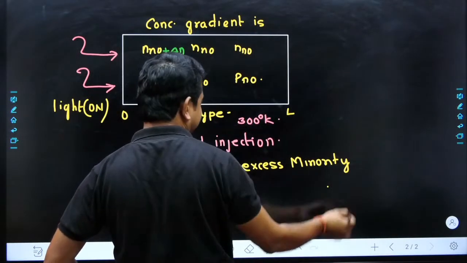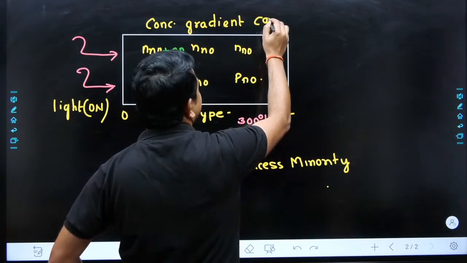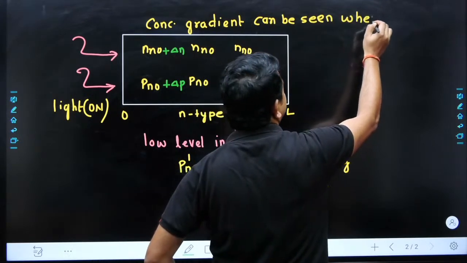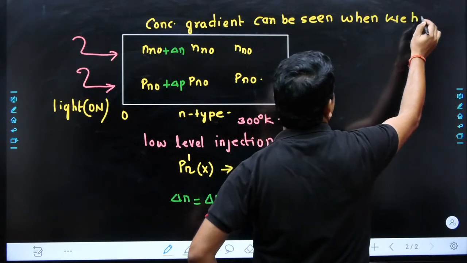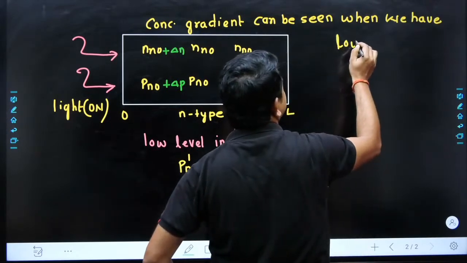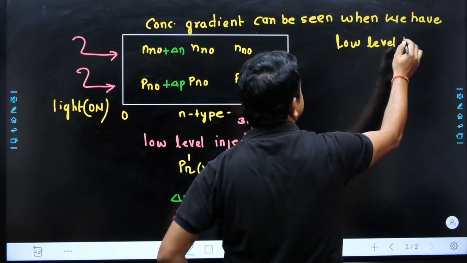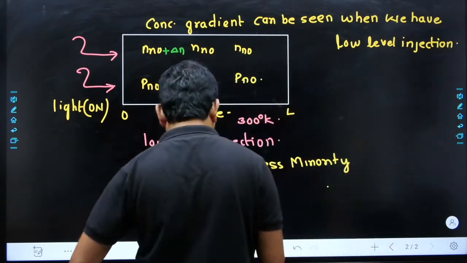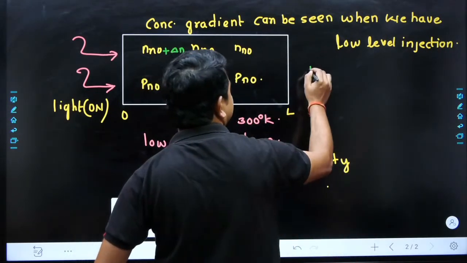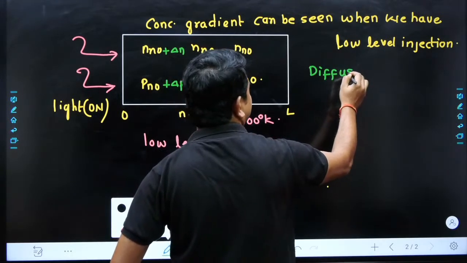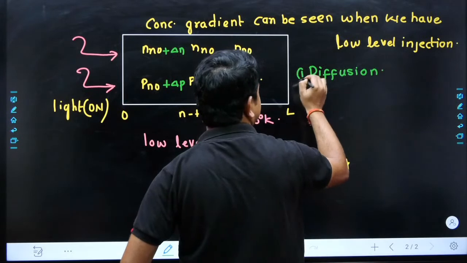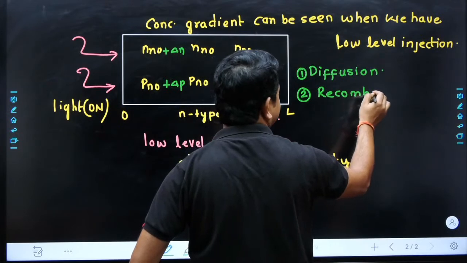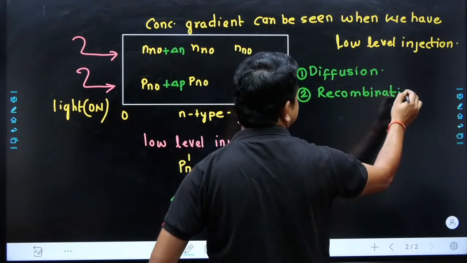The concentration gradient can be seen when we have low level injection. And if there is a concentration gradient, definitely diffusion of charge carriers takes place, and simultaneously recombination of charge carriers takes place.